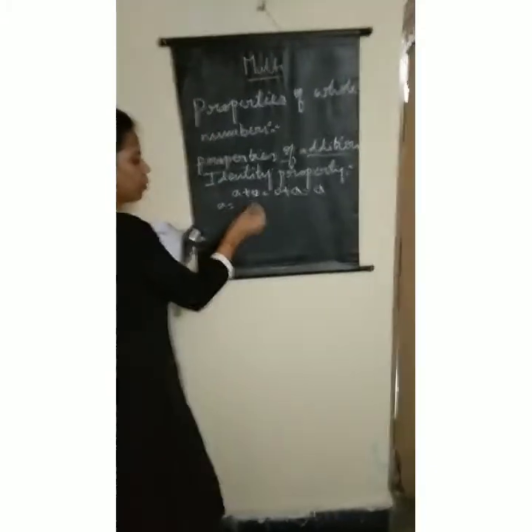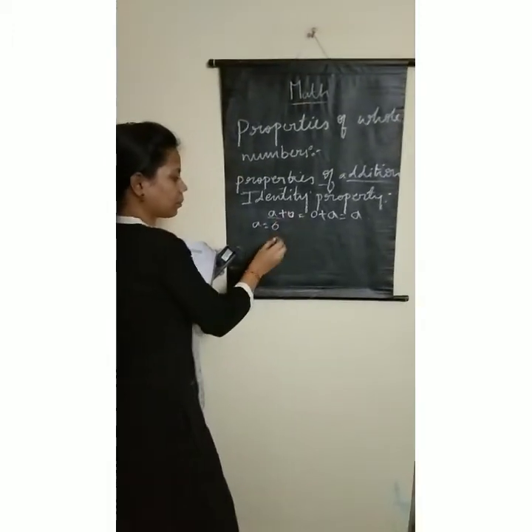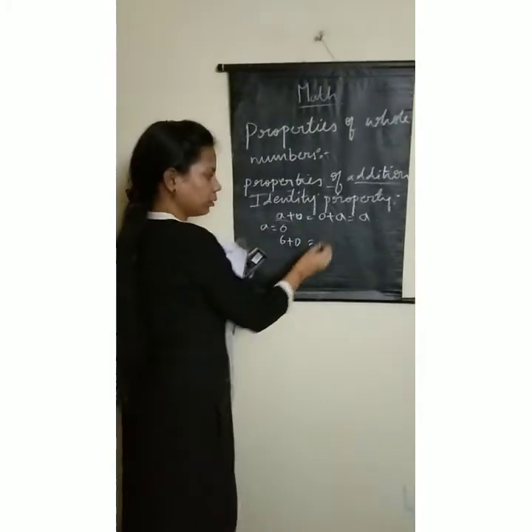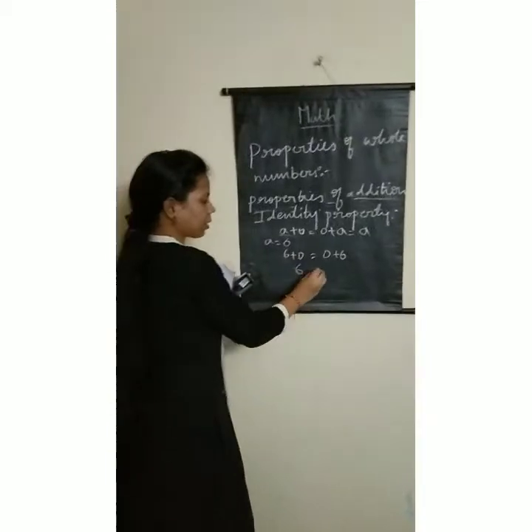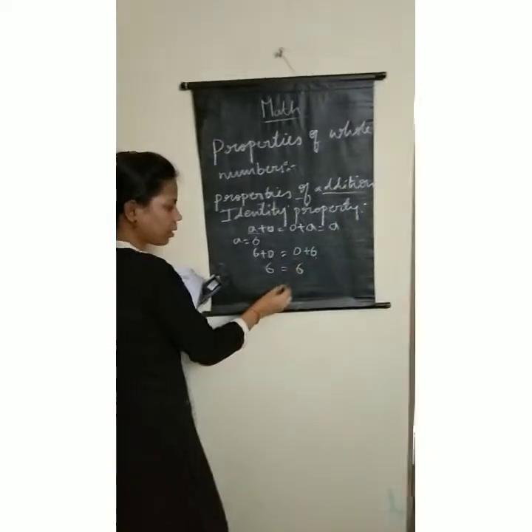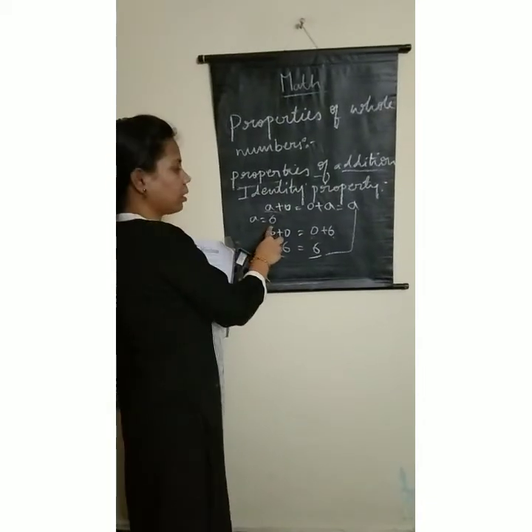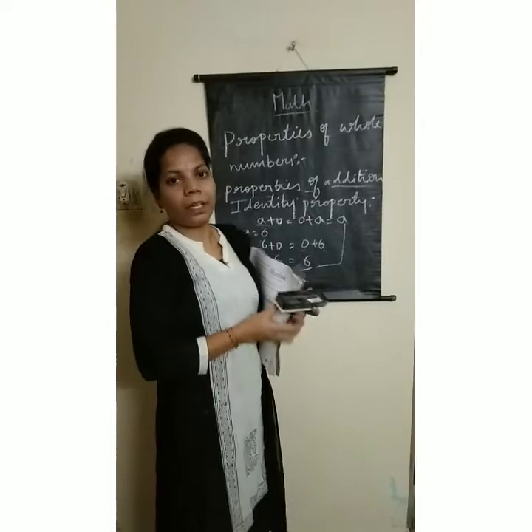If A is equal to 6, then we should check: 6 plus 0 is equal to 0 plus 6. 6 plus 0 is 6, equal to 0 plus 6 is 6. So the final answer is A only. So identity property also holds good for addition.